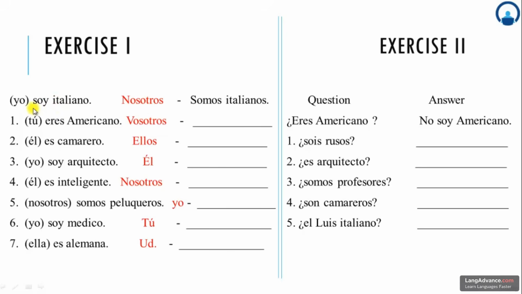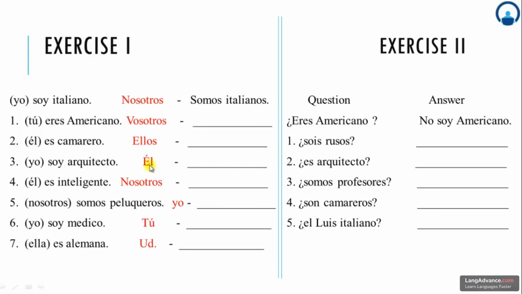Before converting, it was yo soy italiano, and after converting according to the subject pronoun nosotros, we have the answer somos italianos. So we have somos, that corresponds to nosotros, and since the original statement yo soy italiano was singular, and nosotros is plural because there is a group of persons, italiano also changes to italianos.